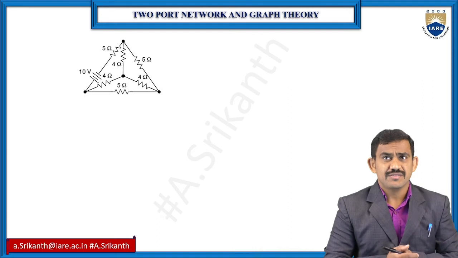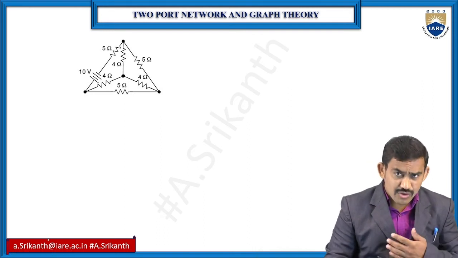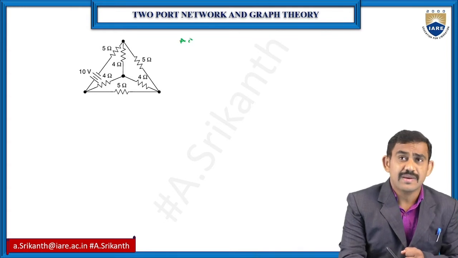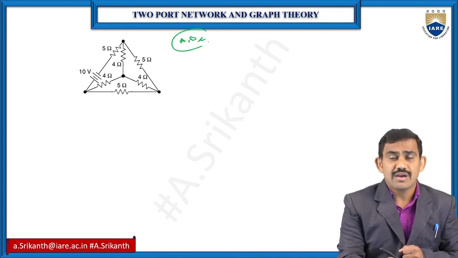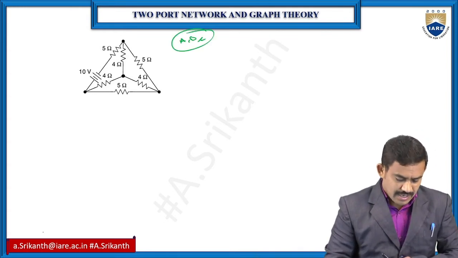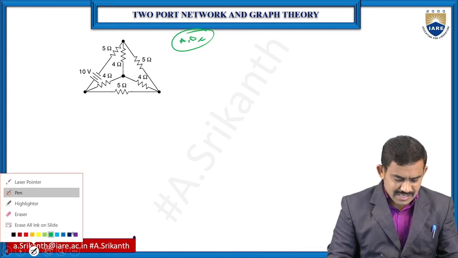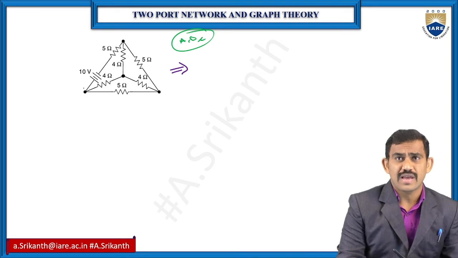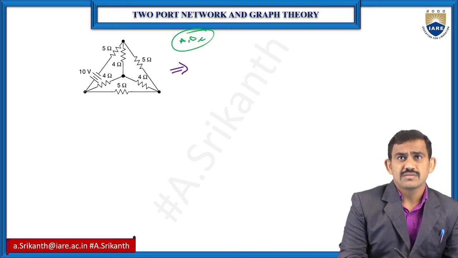Coming to network topology, here I have one circuit. For this circuit, I will go for the oriented graph. When I have the oriented graph, then I can find out the A matrix, B matrix, C matrix. So we have 3 matrices you can find out. Now coming to the graph, if you observe clearly, how many nodes we have? 1, 2 and 3.